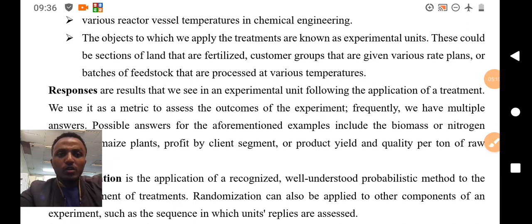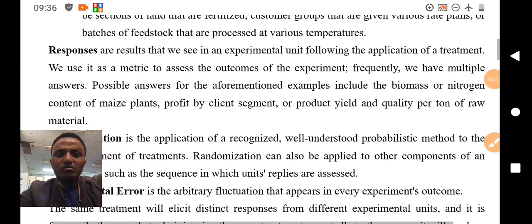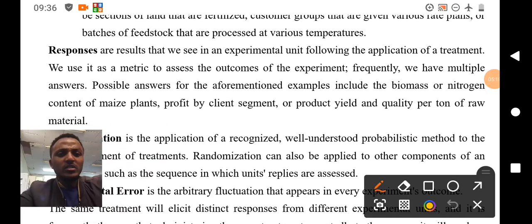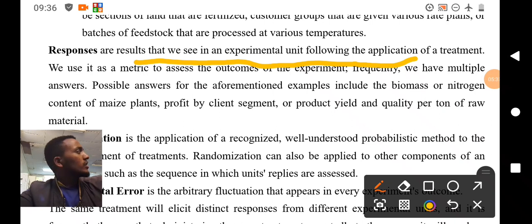So what is a response? Response is a result, an outcome that should be expected from an experiment, that we see in an experimental unit following application of treatment. Firstly, treatments are there for the experiment, that the experimenter can contrast. The main thing here is what response is there.